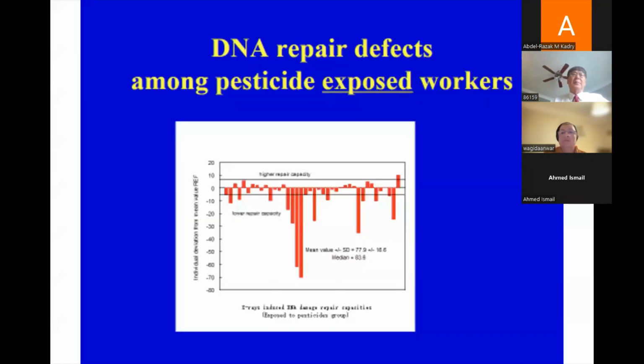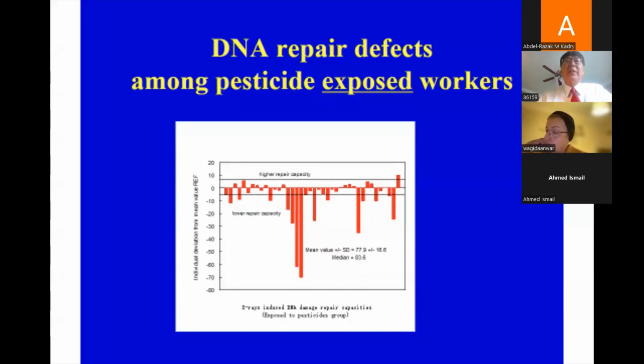Next slide. This is a summary of the data from pesticide exposed workers. So this 0 is normal repair. This plus 10 and minus 10 is plus 5 and minus 5, the standard deviation of the normal population. Each bar represents one worker.